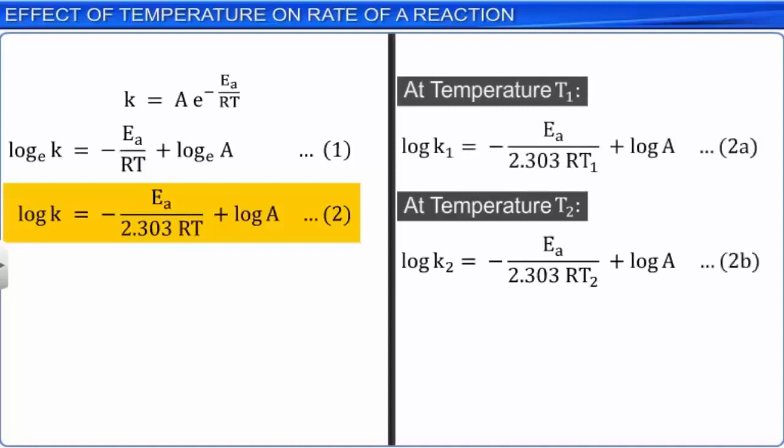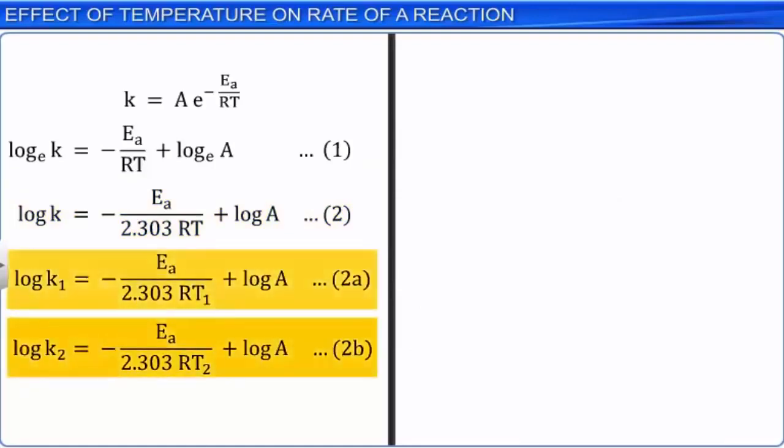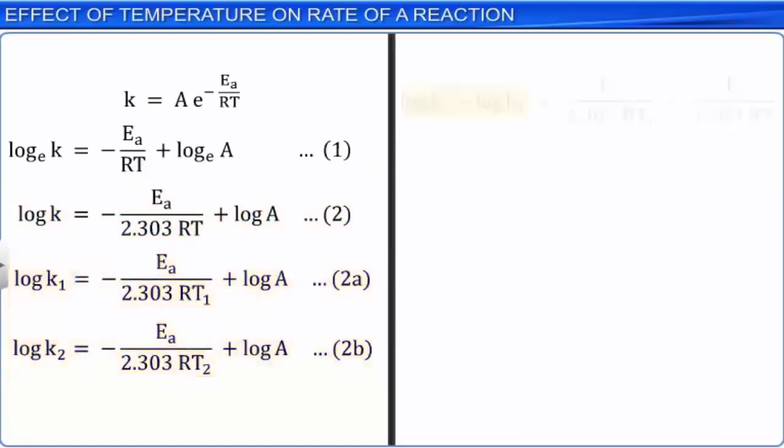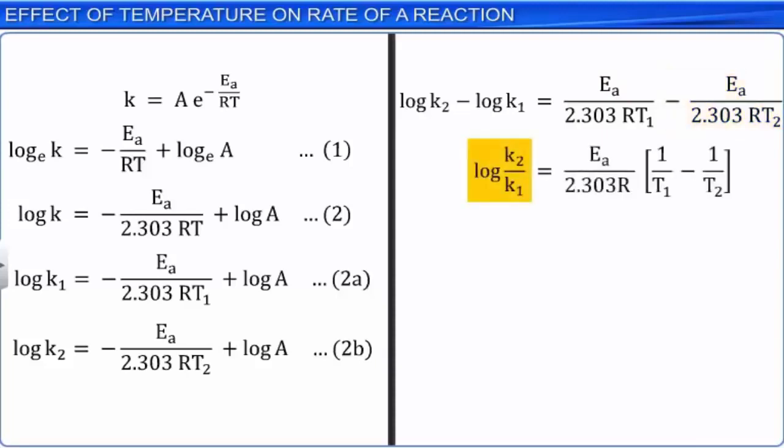On subtracting 2B from 2A, we get log K2 minus log K1 equals Ea divided by 2.303 RT1 minus Ea divided by 2.303 RT2, or log K2 divided by K1 equals Ea divided by 2.303 R multiplied by 1 by T1 minus 1 by T2.